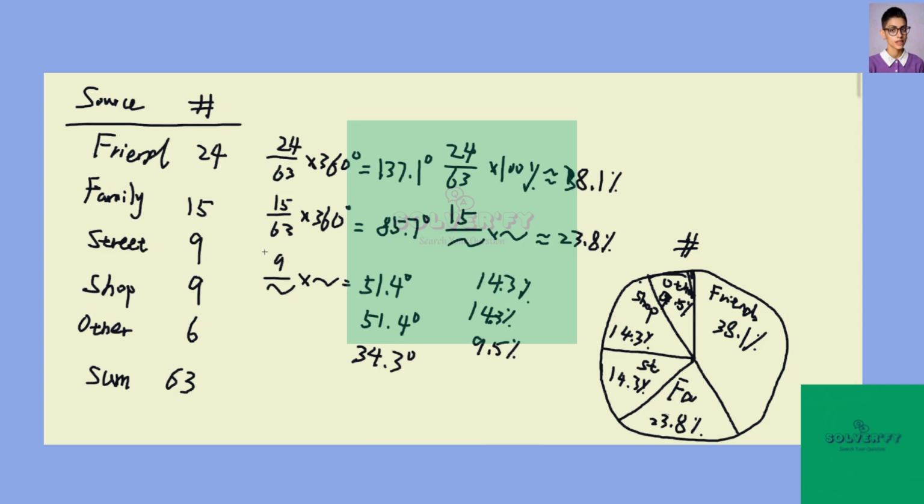And for the others, we do not know what the exact sources are, but there are only 6 children who get guns from other sources. And we also know that a large portion of children will get guns from their family, which is 15 out of 63. So this concludes our pie chart.